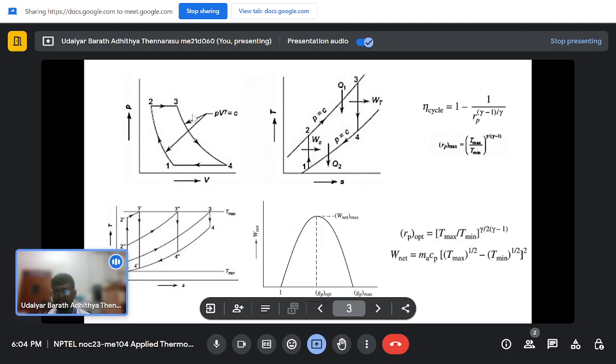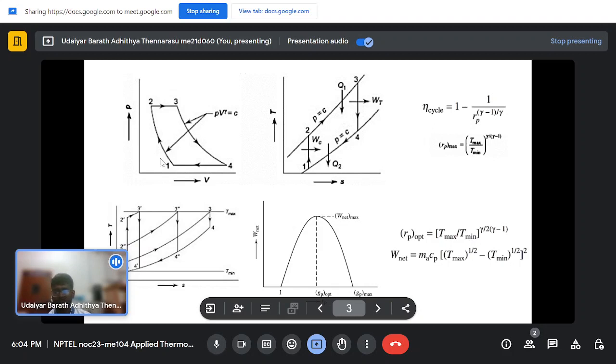Out of it, some fraction of the work will be used to compress the air, so the turbine drives the compressor. Apart from that, you will have some work which will be used to generate electricity, or, in the case of aircraft engines, as thrust to move the carrier. And 4 to 1 is your heat rejection, and here we assume that this is a closed cycle.